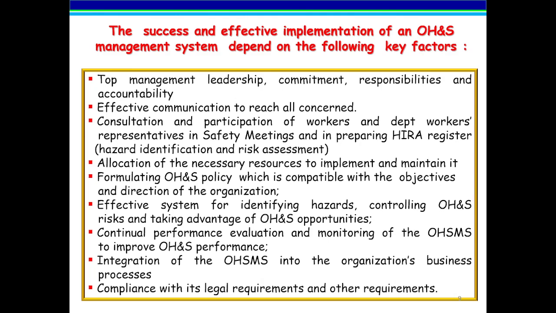Formulate an occupational safety policy which is compatible with the objectives and directions of the organization. Close monitoring and periodic evaluation of the occupational health and safety management system to improve its performance. Ensure occupational health and safety management is integrated into the organization's business processes. The organization should comply with all its applicable legal and other requirements, and fix responsibilities and accountabilities.